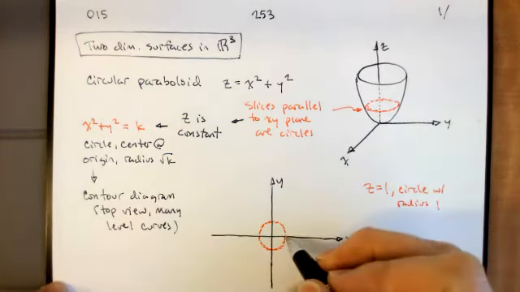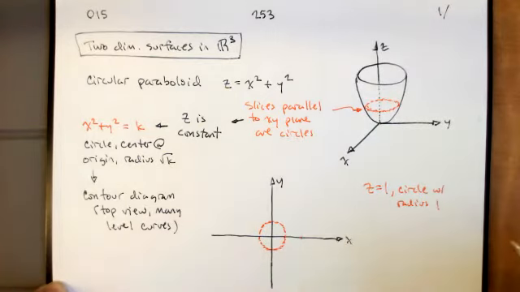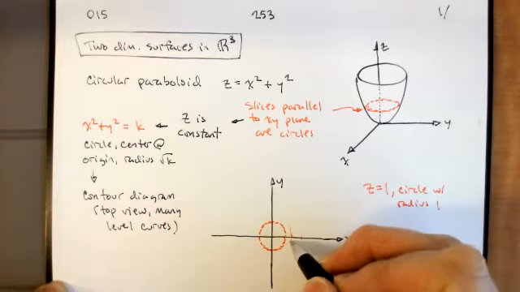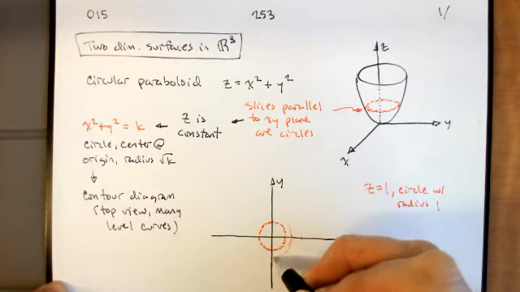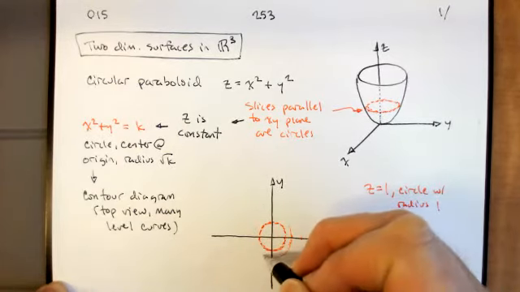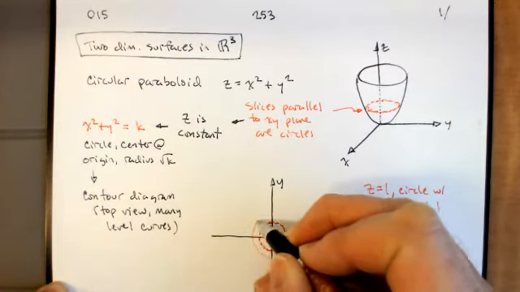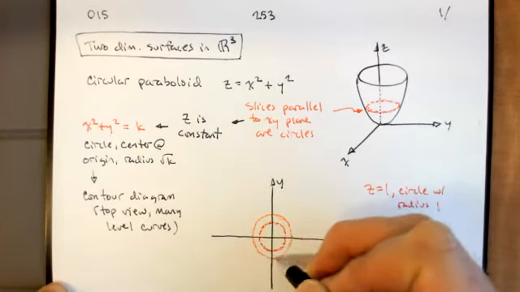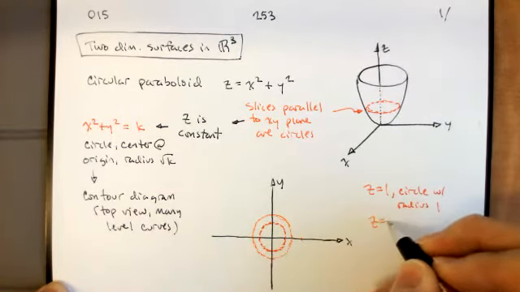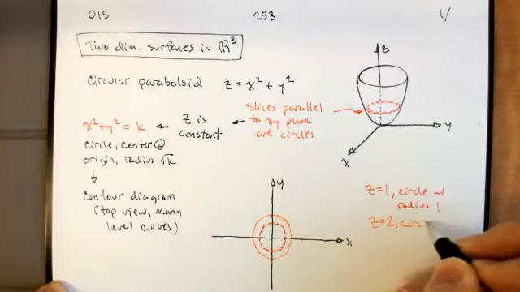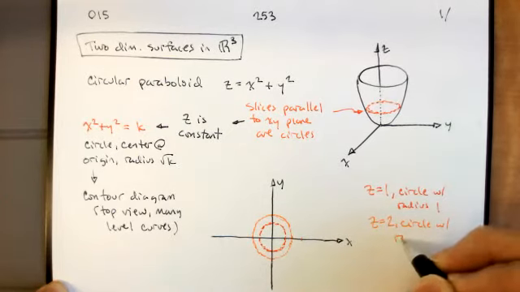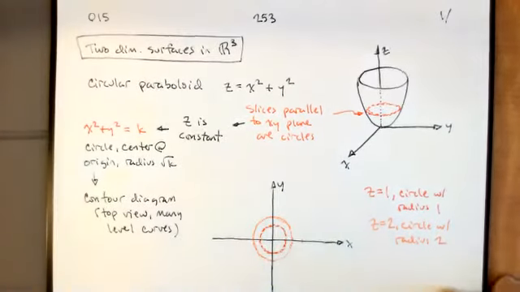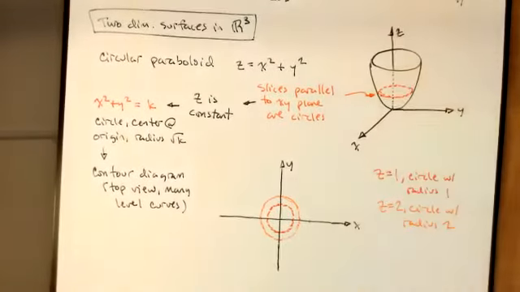So if this is 1, and then that would make this 2, here's our second level curve. There's our circle of radius 2.